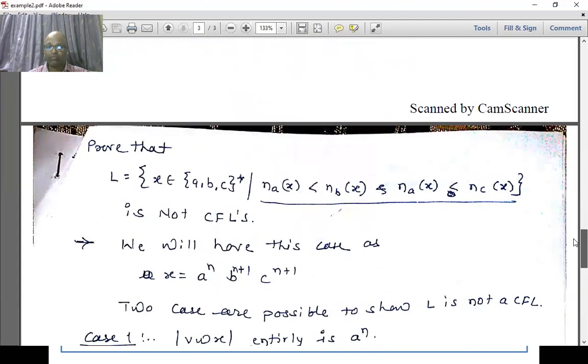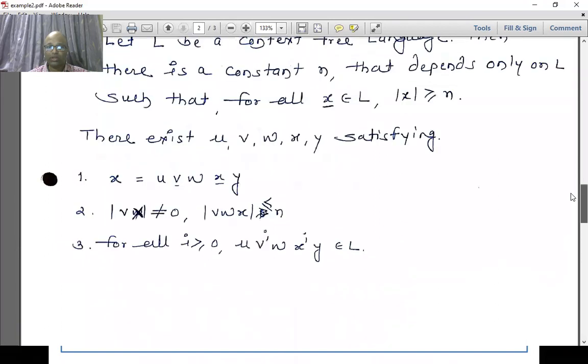Now what we wanted is, in this pumping lemma, condition number 2 should be satisfied, where length of VX should not be 0 and length of VWX, where the pumping will happen, should be less than or equal to your constant.